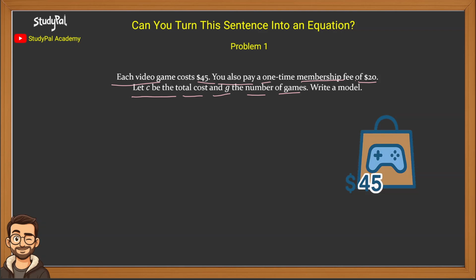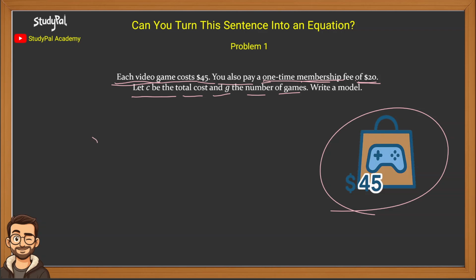Okay, so let's focus on the problem again. It says each video game costs $45. So you have one video game and you need to pay $45, but there is a one-time membership also, $20.